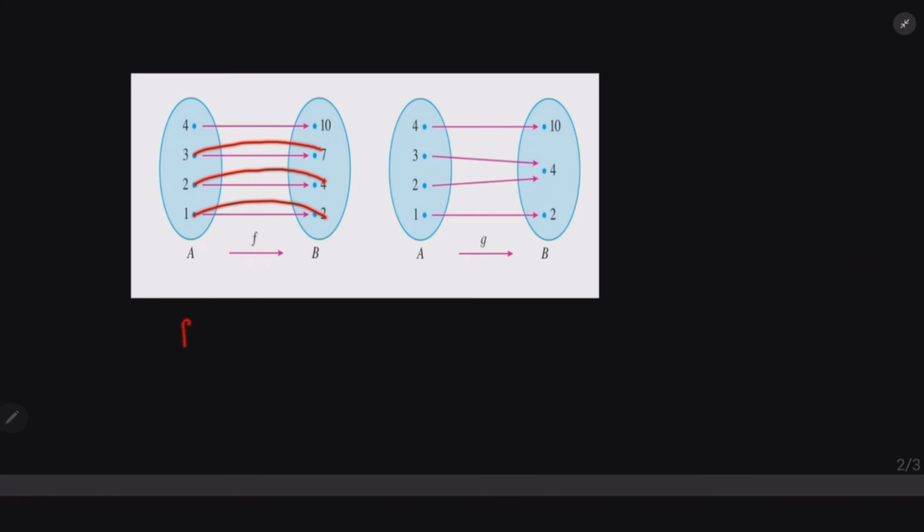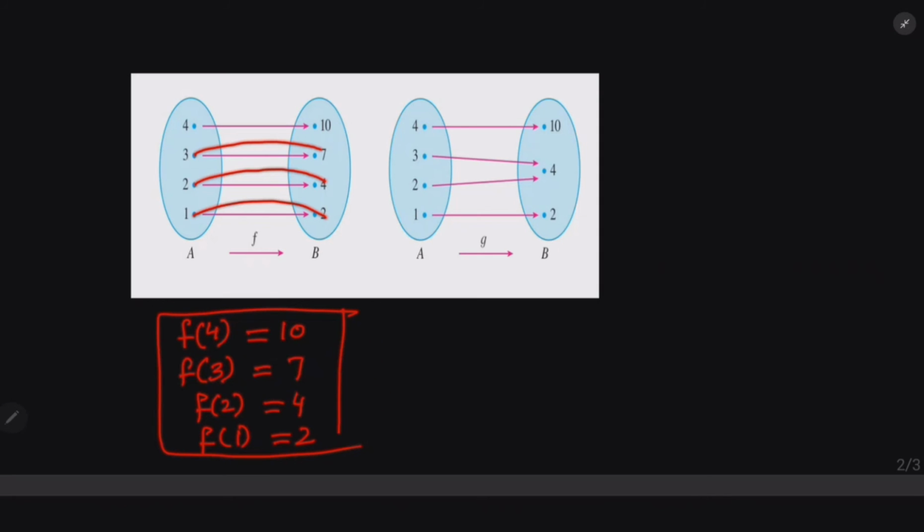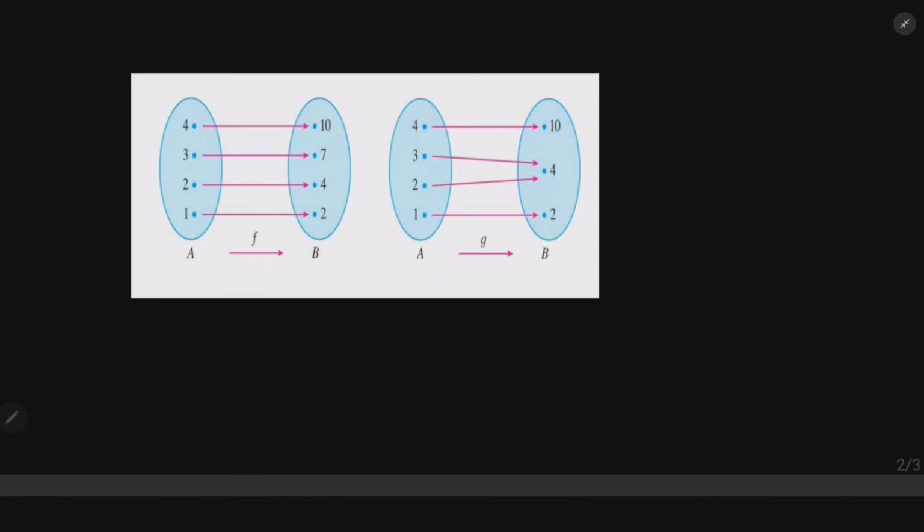So we can write this as f of 4 is 10, f of 3 is 7, f of 2 is 4, f of 1 is 2. So this function is clearly a one-to-one function. F is one-to-one.